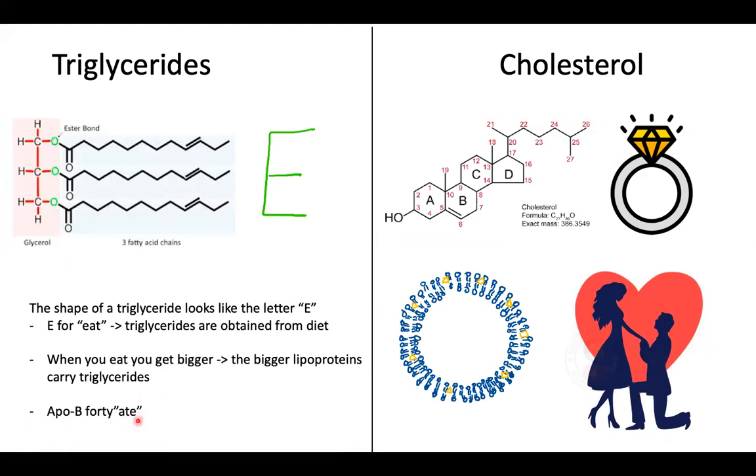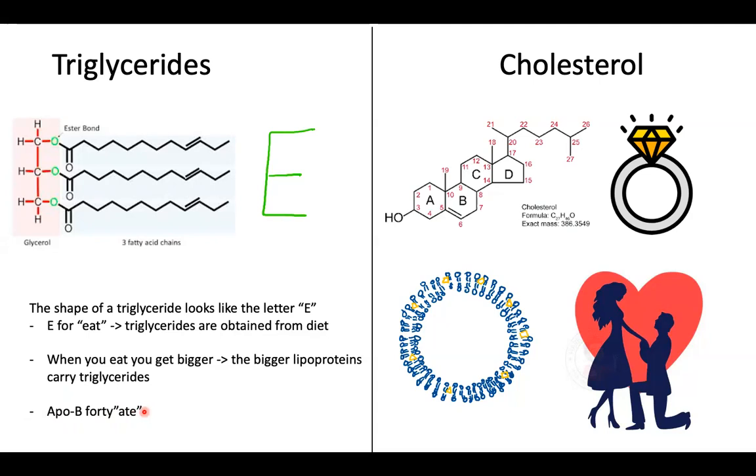ApoB48, because ApoB48 is only located on chylomicrons, and the way that you're going to remember that is that I just told you that chylomicrons are responsible. They're part of our diet, right? They're responsible of transporting the dietary triglycerides.